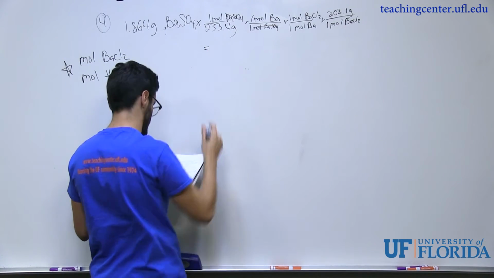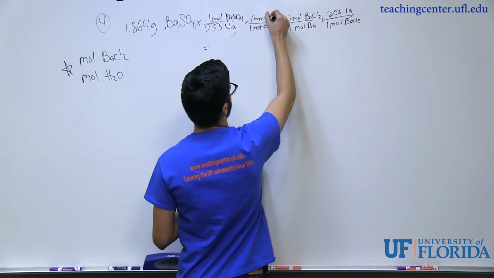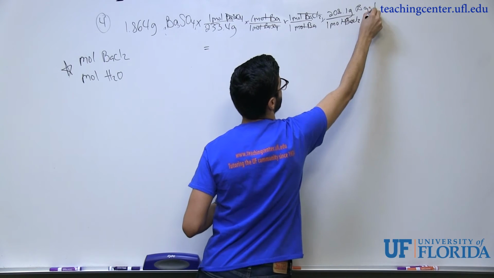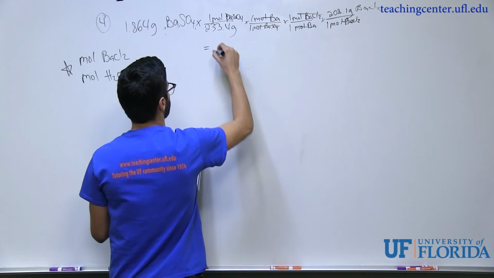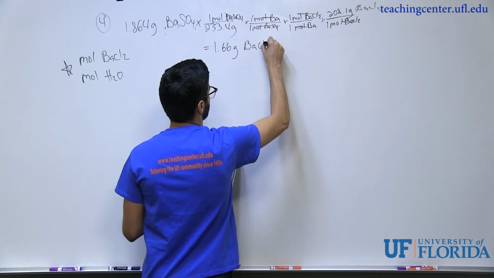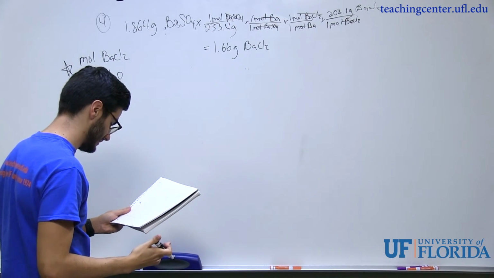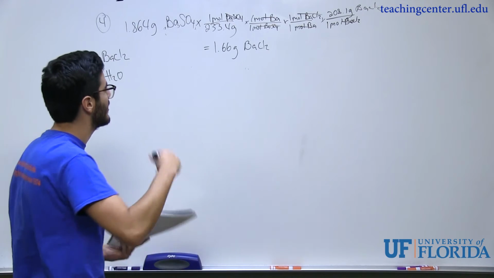So we canceled out moles of barium chloride. We're in grams of barium chloride now, and that's going to give us 1.66 grams of barium chloride. Well, the question told us that there was 1.951 grams of barium chloride with the water.